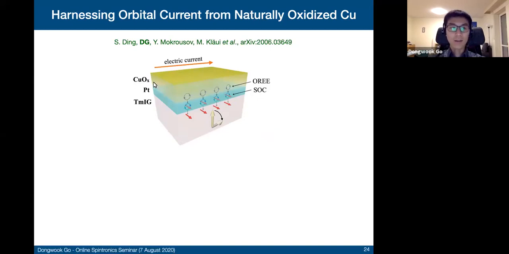But his idea was not only to use this copper oxide, but to insert a platinum layer, because the idea that he had was that once we have this orbital generation caused by copper oxide, as conjectured by Kazuya Ando's results, this orbital should be very efficiently coupled to spin due to platinum, because spin-orbit coupling is very strong, as is well known, and quite reliably known, I think. And then this coupled spin and orbital will exert a torque.